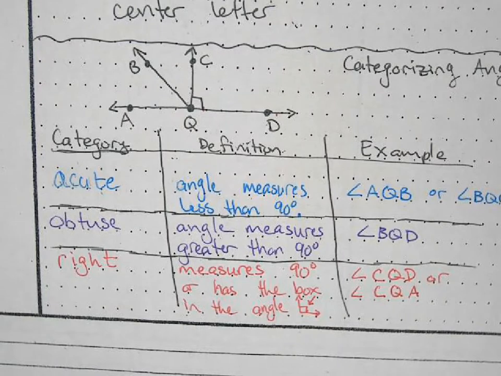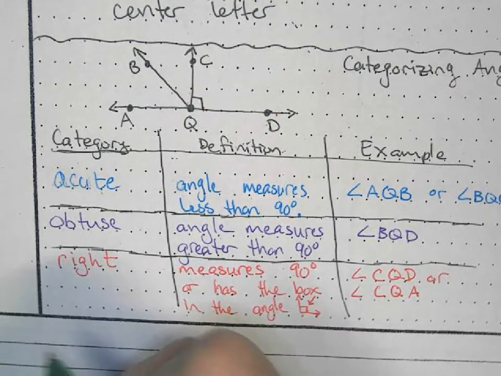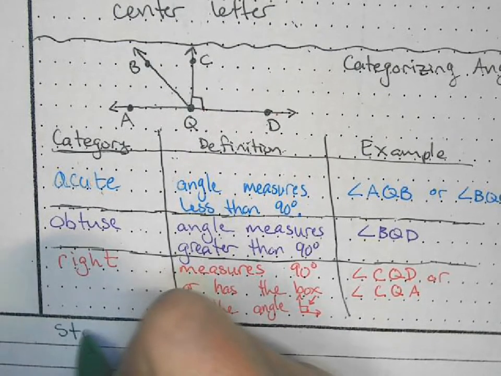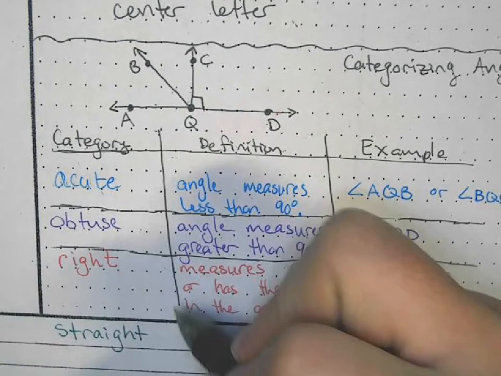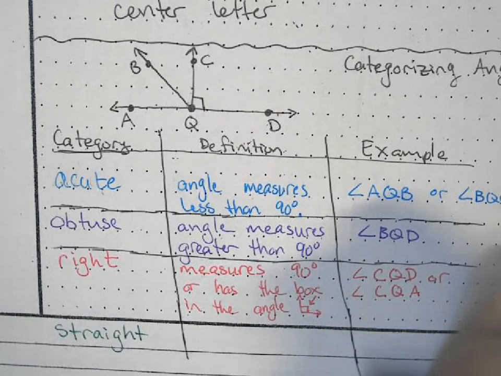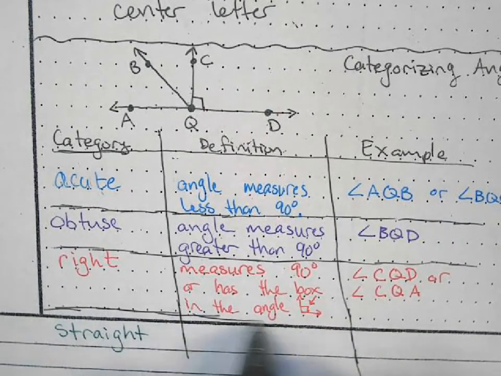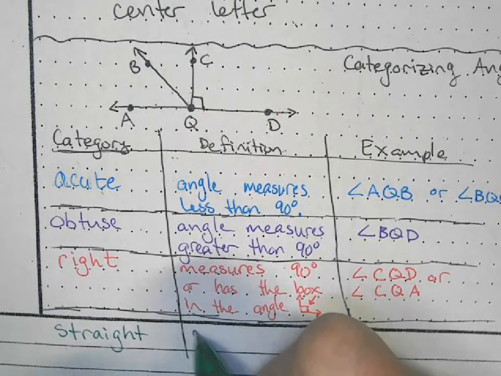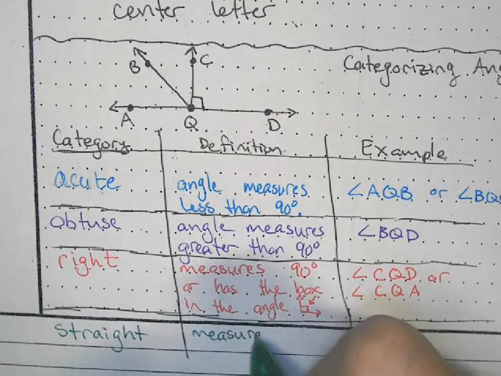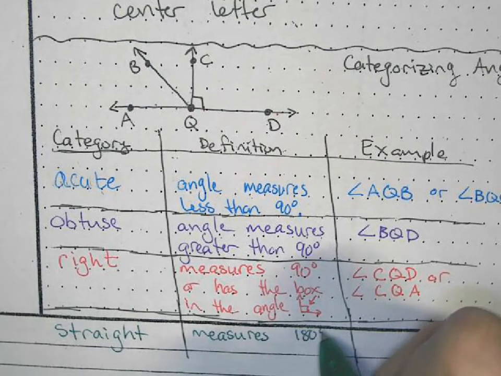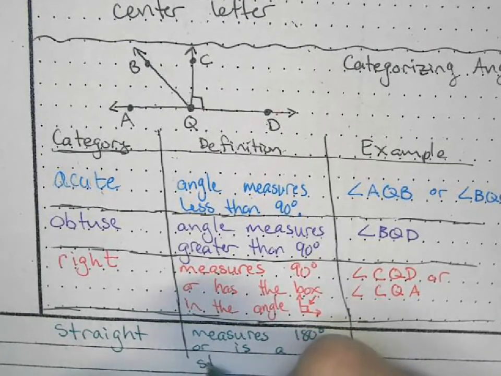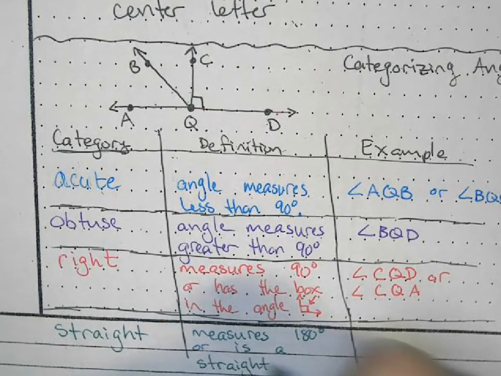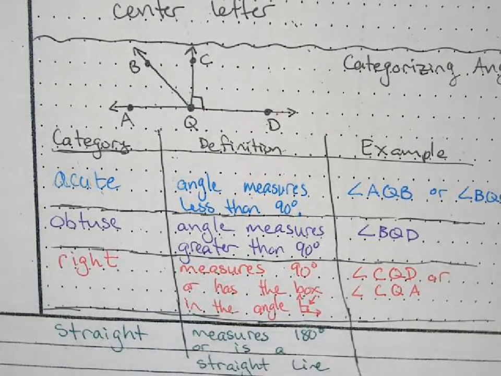And then we have one more, and this one's called a straight angle. And this is an angle that measures 180 degrees or is a straight line.